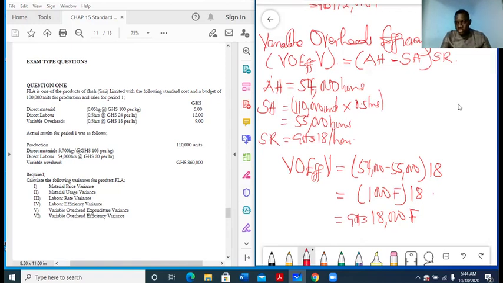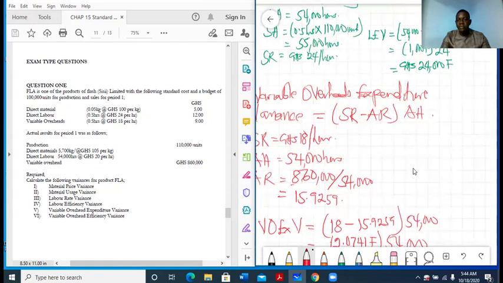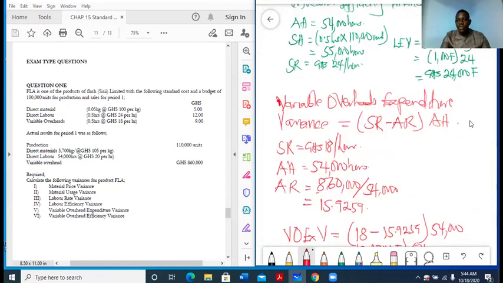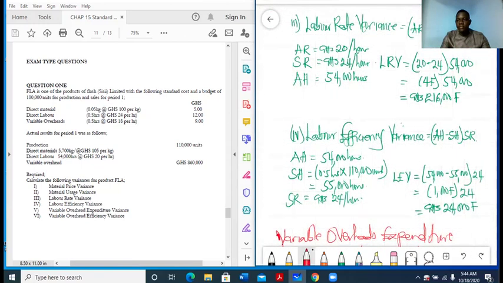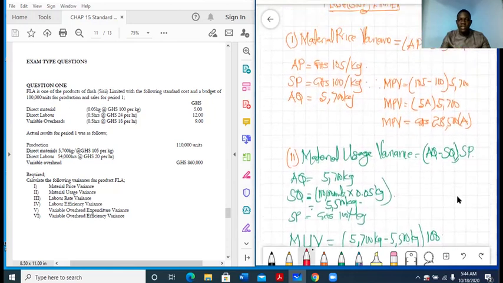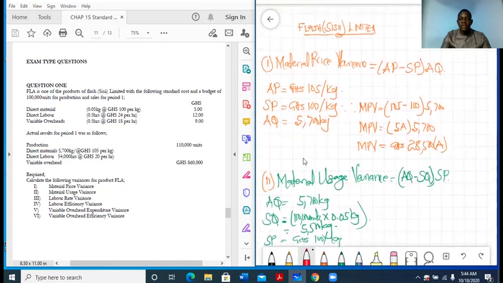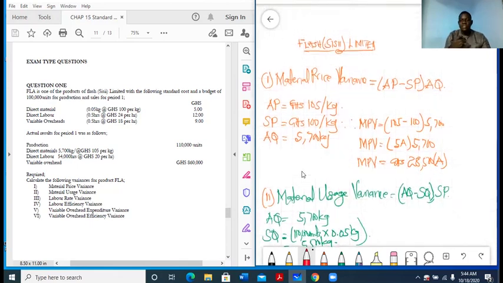Now let's briefly go through what we have done so far. First, we were asked to compute the material price variance. We noted that material price variance is the difference between the actual price and the standard price measured at the actual quantity of goods purchased.